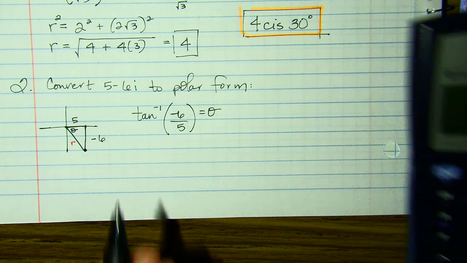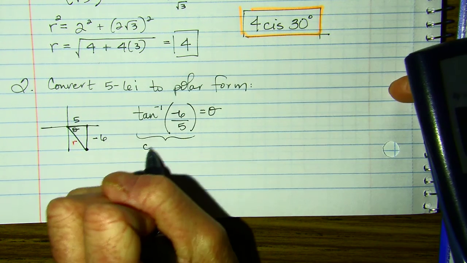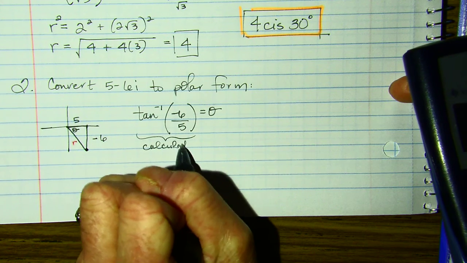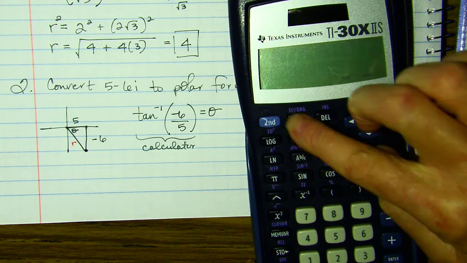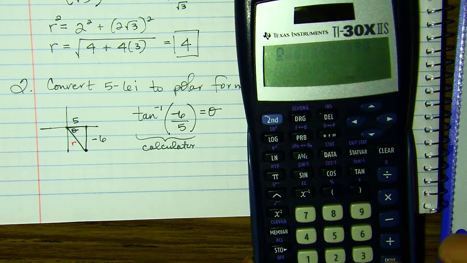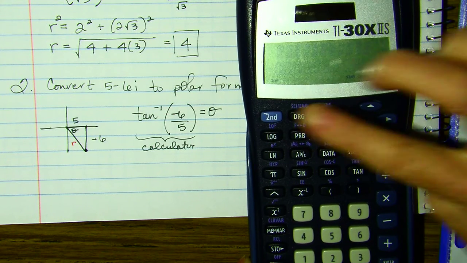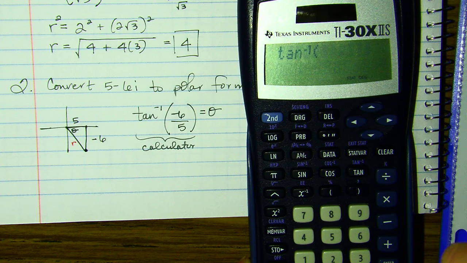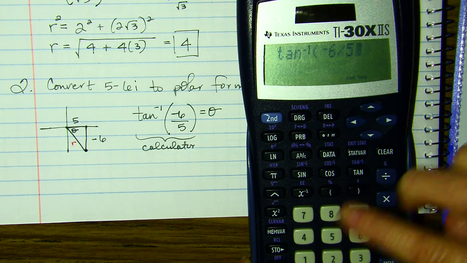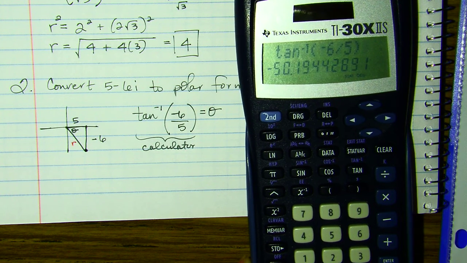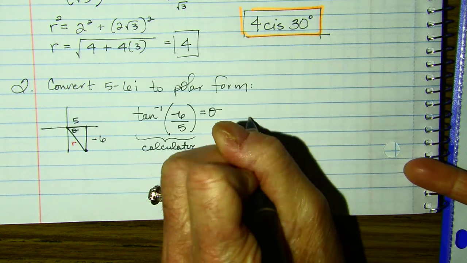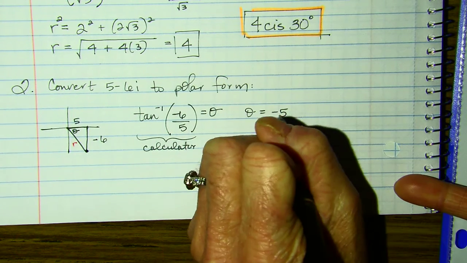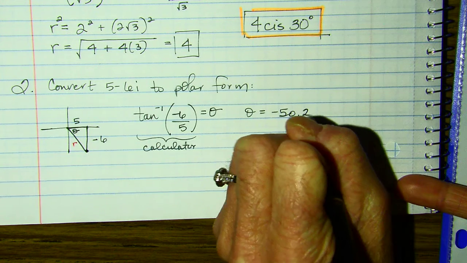So I am going to use a calculator to enter this. I need to make sure mine's actually in degrees, not radians, so I need to change this. And so I would hit tangent inverse of negative 6 divided by 5, and I get negative 50.19. And I'm going to round that to 50.2.